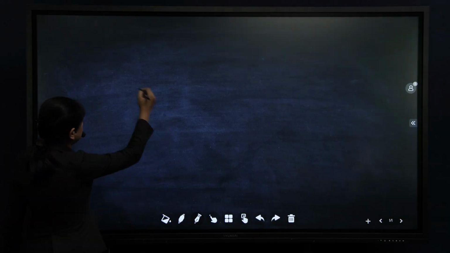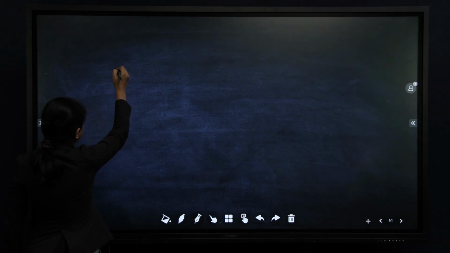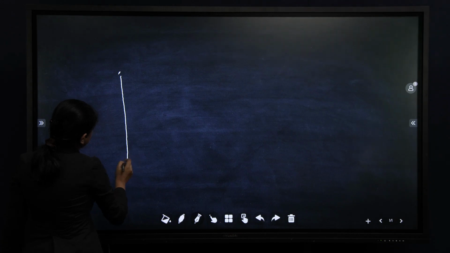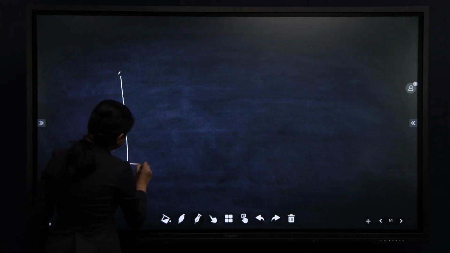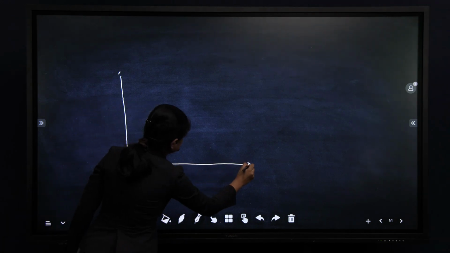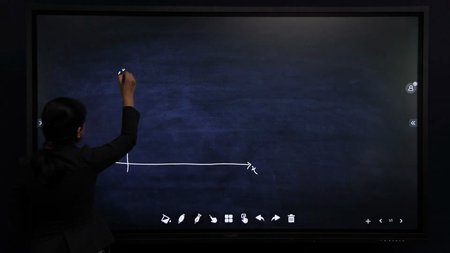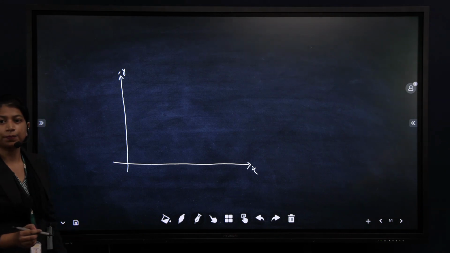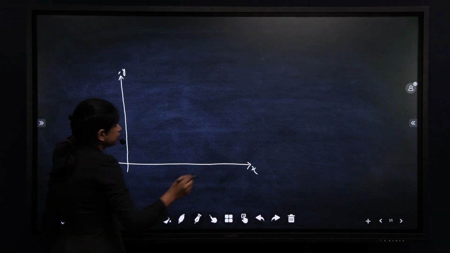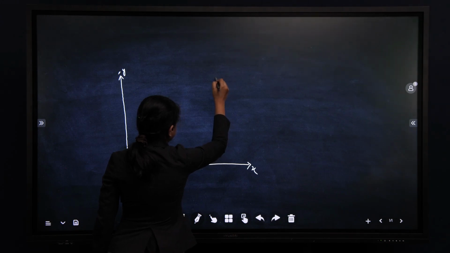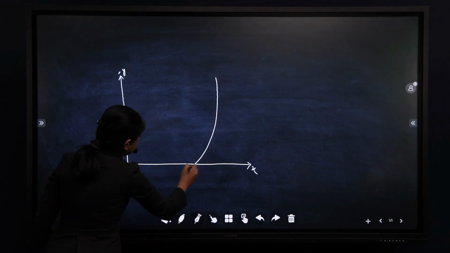So now you take this as the x-axis and this as the y-axis. You take a graph of a function in this way.